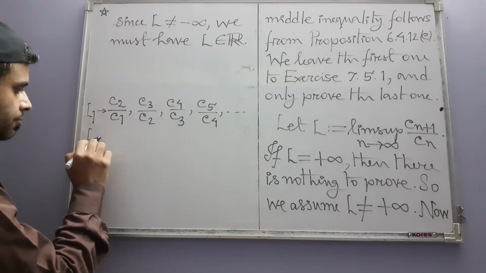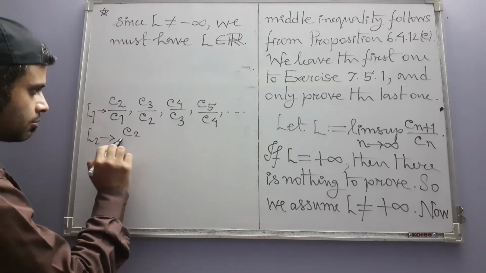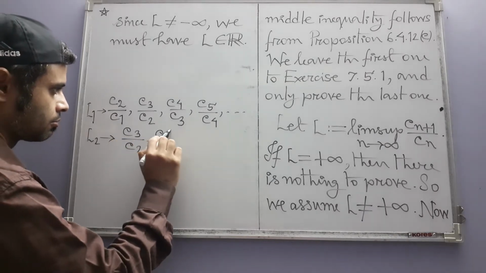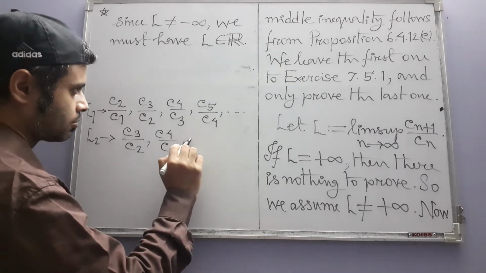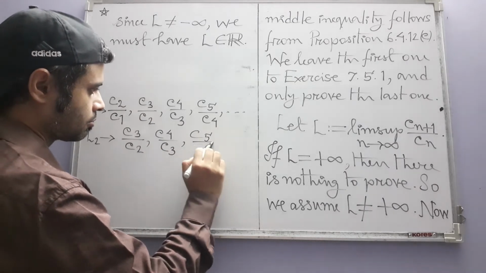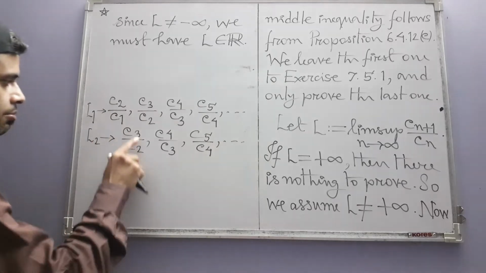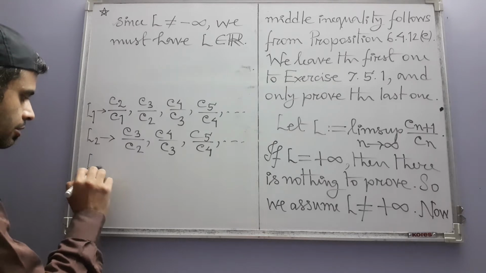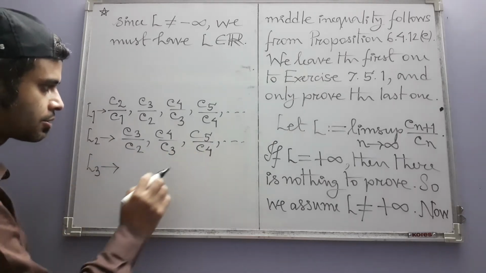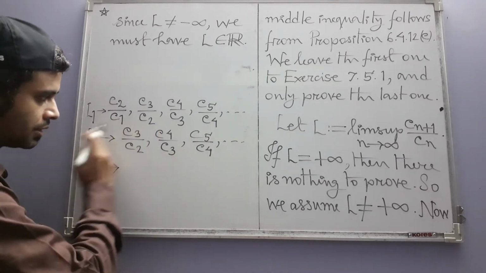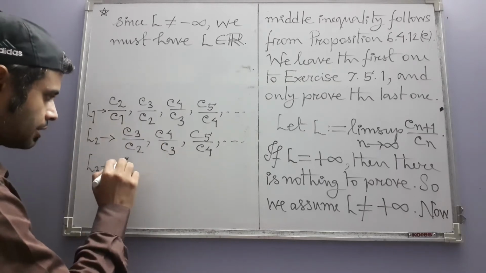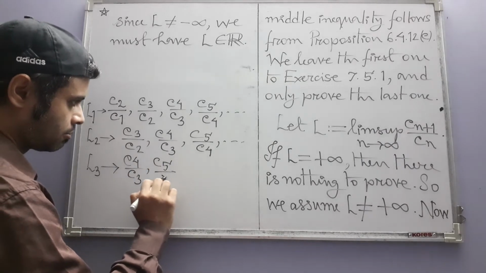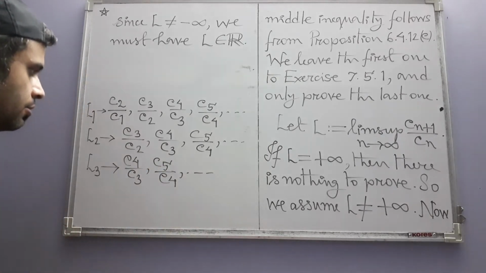Then you calculate the supremum of this sequence, which is obtained by removing the first term from this sequence, and then you calculate the supremum of the next sequence, which you would get by removing the first term from this sequence, and so on.